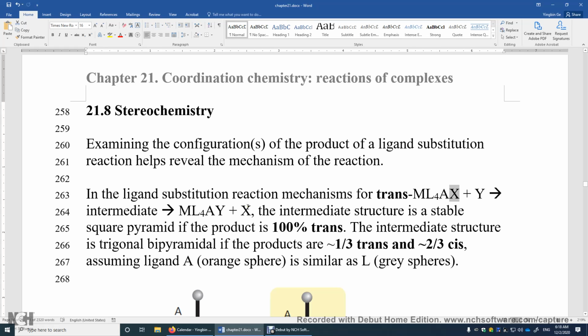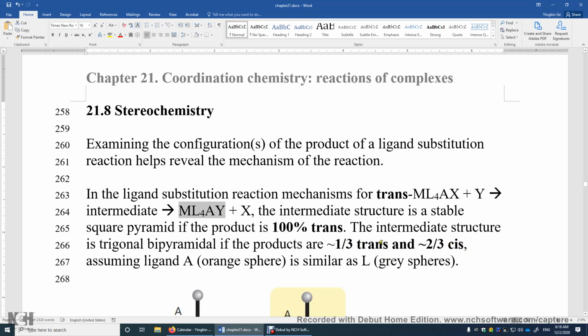Now let's examine the configuration of this product, ML4AY. If A and Y are still in the trans positions 100%, then we know the intermediate structure is definitely a stable square pyramidal structure. But what if we see a very large percentage of this product are cis?